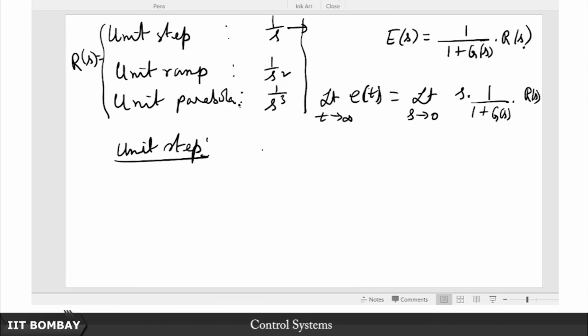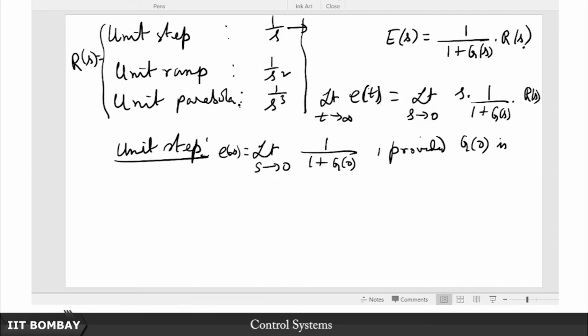We have that this is the limit s tending to 0, or E of infinity, with a slight abuse of notation if you permit me, 1 upon 1 plus G(0), provided G(0) is not indeterminate, that is, G(s) does not have any poles at the origin.